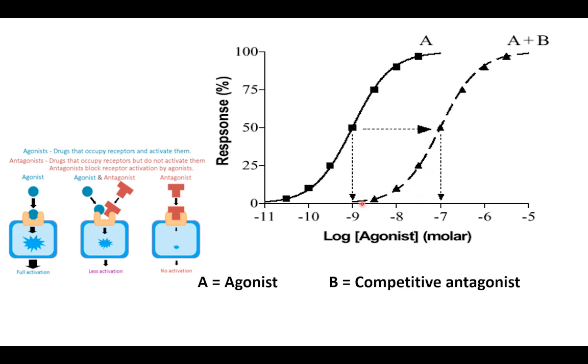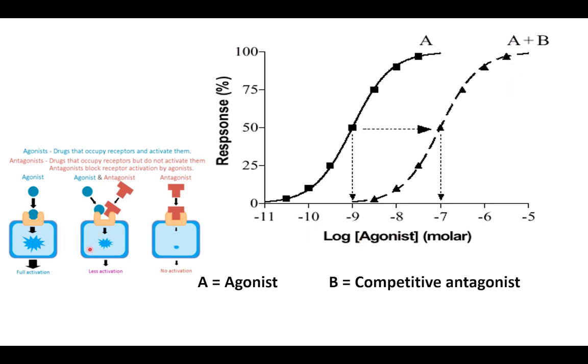Then in the second curve, where we have the competitive antagonist, we see that we also achieve the maximum response but at higher concentrations of the agonist. So this simply means that the antagonist is affecting the affinity of the agonist to the receptors but not the efficacy.